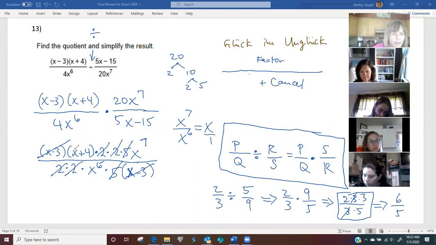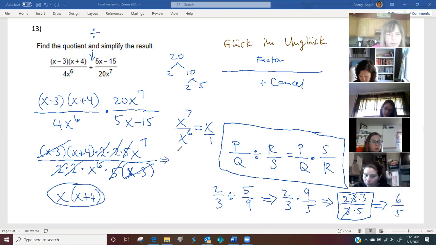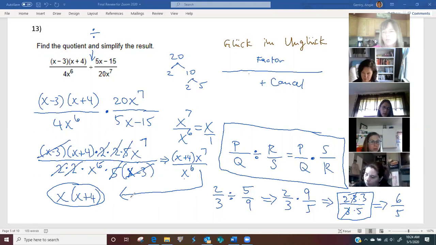So you have an x times an x plus 4, and everything downstairs canceled, you see? So if you need an intermediate step, you could say that's x plus 4, x to the 7 all over x to the 6. But these two here will cancel into a simple x, and it's all upstairs, so it turns into this no matter what. And the computer doesn't want to see over 1.